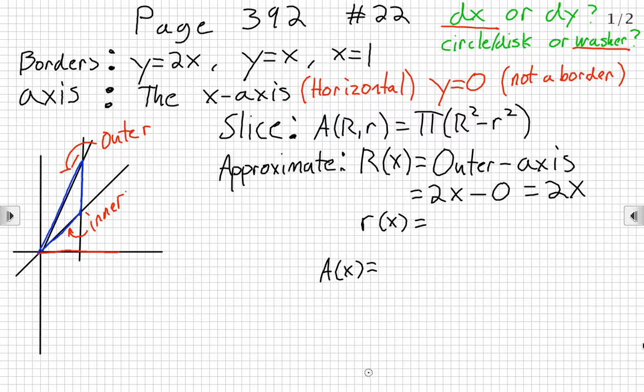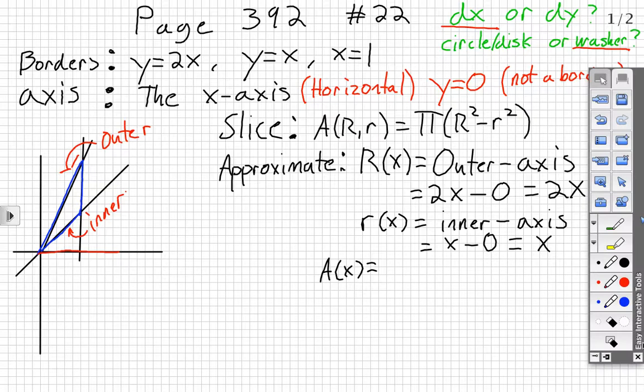We need to identify the function for our little radius. Our little radius is inner minus axis. Our inner function is y equals x, so x. Our axis of revolution is y equals 0, so x minus 0. So x is our little radius function.